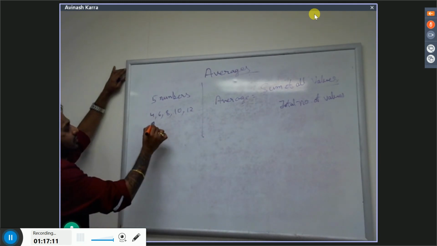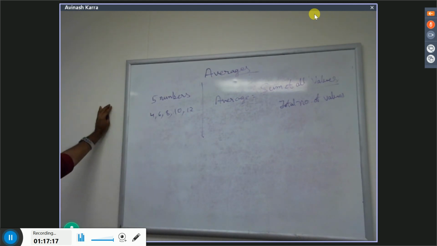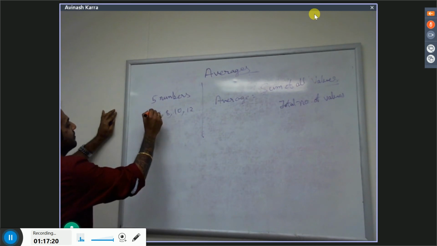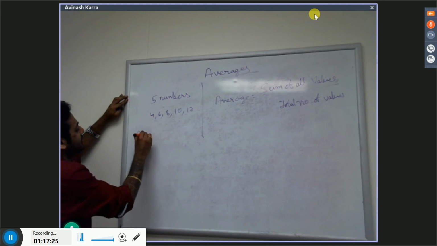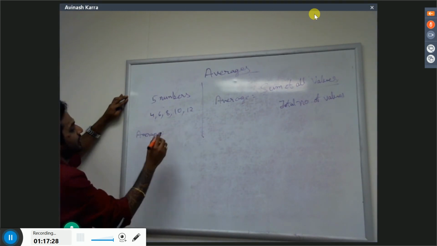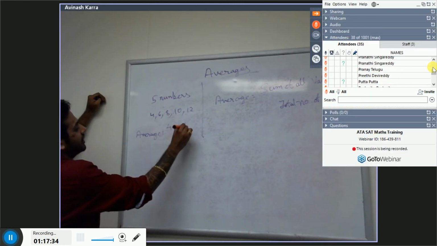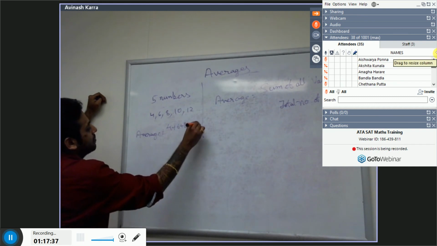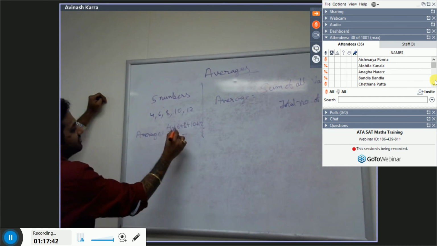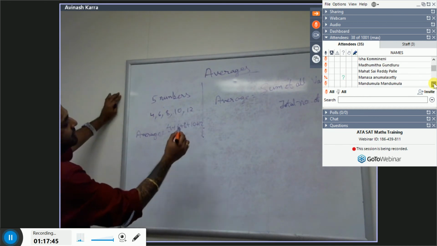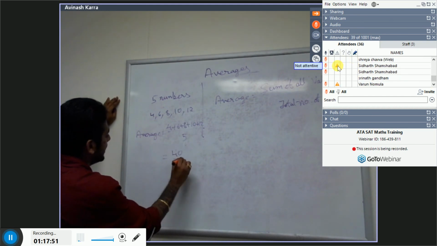Let us take a sequence 4, 6, 8, 10, 12. How many values are there here? There are 5 numbers, right? And if you want to find the average of it, use that formula. 4 plus 6 plus 8 plus 10 plus 12 by 5. 4 plus 6 is 10. 10 plus 8 is 18. 18 plus 10 is 28. 28 plus 12 is 40, by 5.